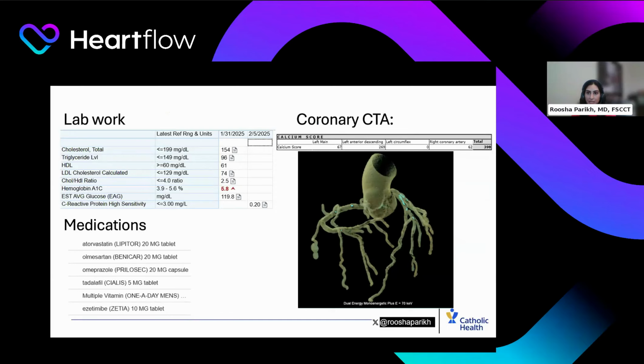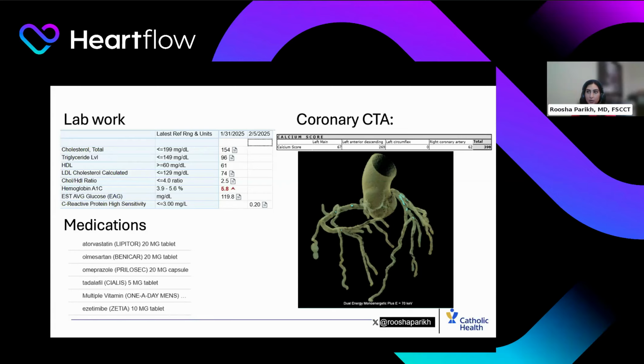In terms of his medications, he was on atorvastatin 20 milligrams, a very small dose, olmesartan 20 milligrams, and ezetimibe (Zetia) 10 milligrams also for his cholesterol. Blood pressure was well controlled on the olmesartan.